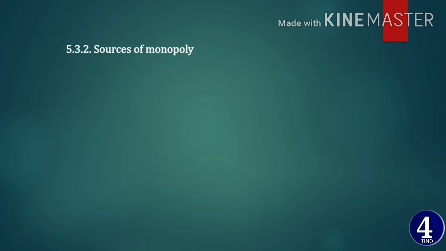The question is, what are the sources which will make a single person, or a single company, or a single organization become the monopoly of one product, which means the sources of monopoly. The first source of monopoly will be legal restriction.